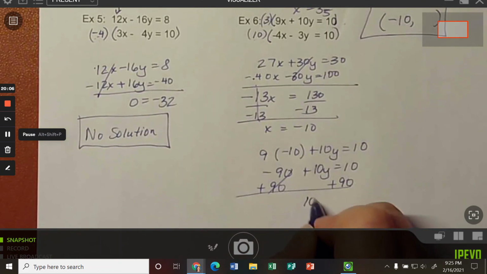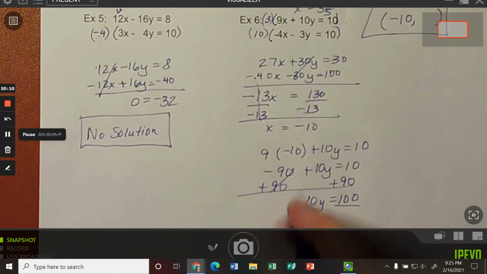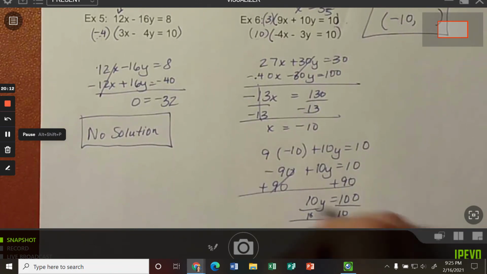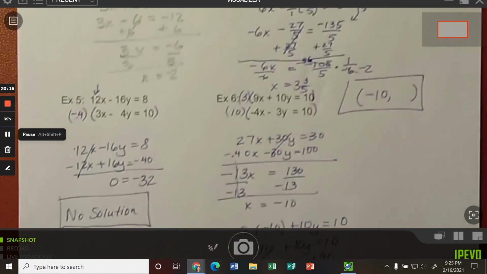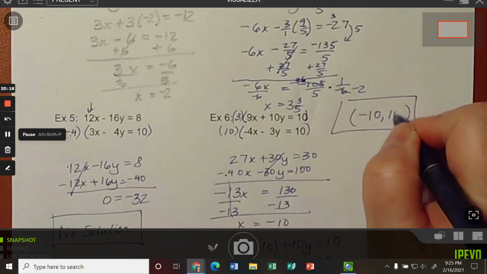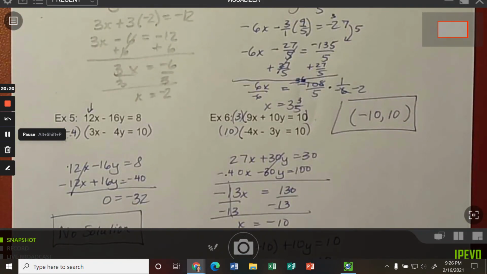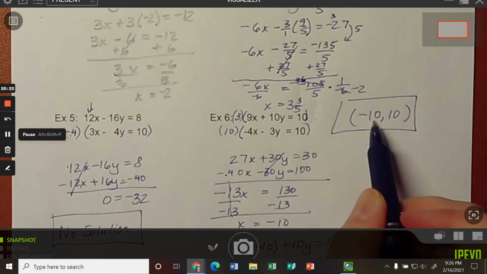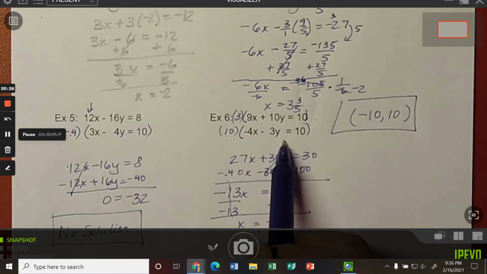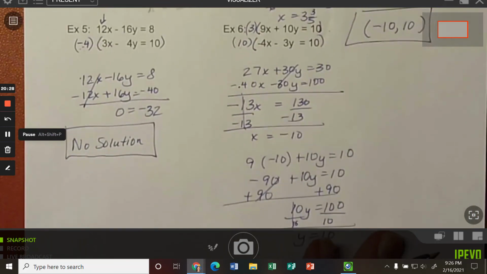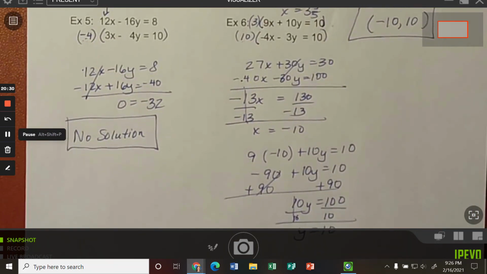We get 10y equals 100. Divide each side by 10 to get y equals 10. So our y value is 10, and our solution is negative 10, positive 10. Again, we would check by substituting in negative 10 for x, positive 10 for y into both of the original equations and checking to make sure that it makes both equations true.